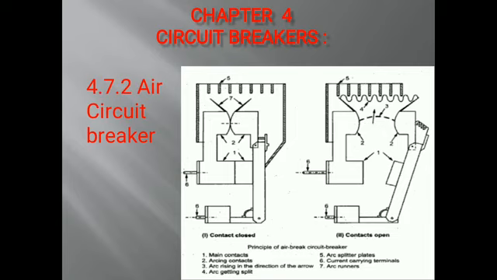It consists of two sets of contact. First main contact, second is arcing contact or auxiliary contact. The main contact carries the current at normal load and these contacts are made of copper metal.